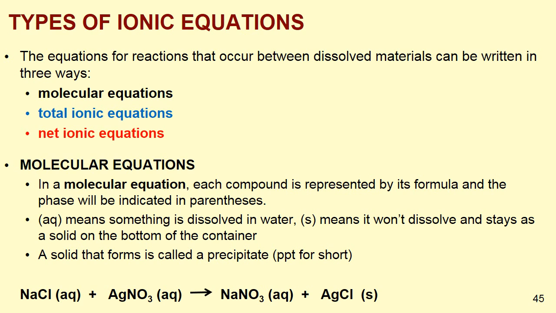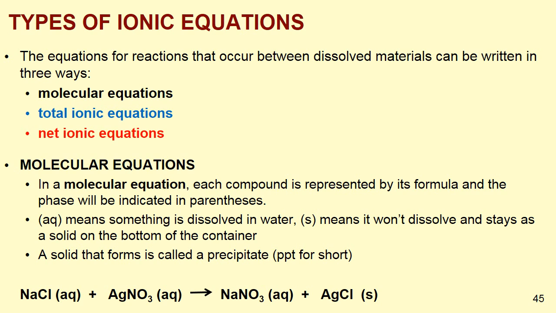Now, on the product side, we have NaNO3. You may recognize this as a double displacement. The Na goes with the NO3 and the Ag goes with the Cl, so we've swapped two different things: double displacement, or double replacement. Because the aq is next to the NaNO3, we also know it's dissolved in water, so it stays dissolved. But now you see the final product, AgCl, has an s next to it.